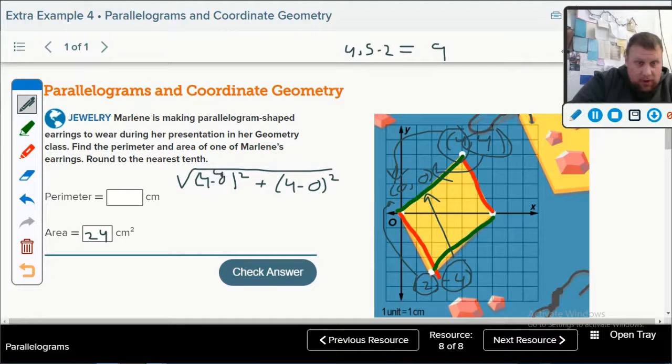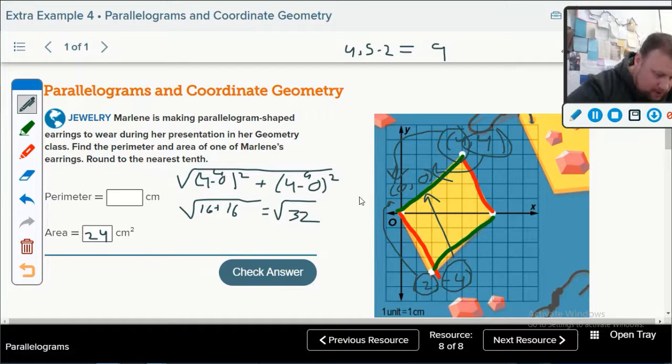So just 4 squared plus 4 squared, which is going to be 16 plus 16, which equals square root of 32. And what's the square root of 32? I don't know. Let's find out. Square root of 32 is approximately 5.7. And let's put it over here, 5.7.